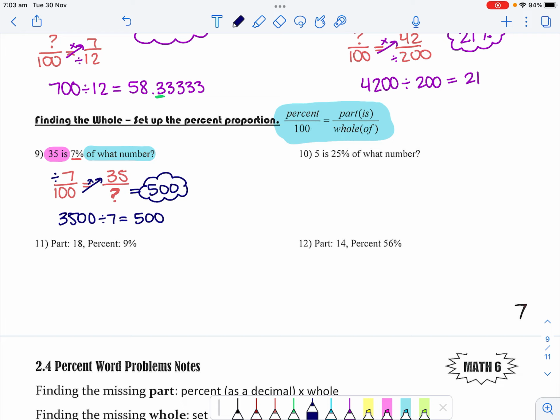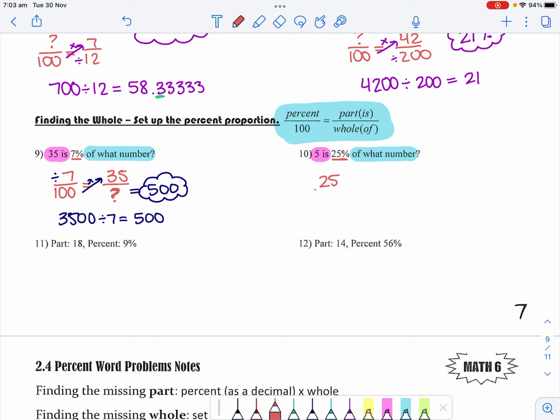For number 10, it says 5 is, and then 25%. So I have my percent, and then of what number? So here's the top, my part, here is the bottom, my whole, and then 25% goes over 100.